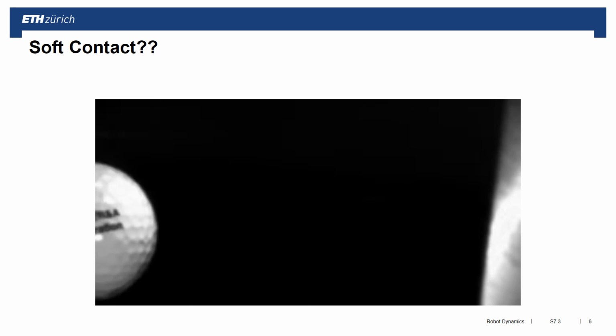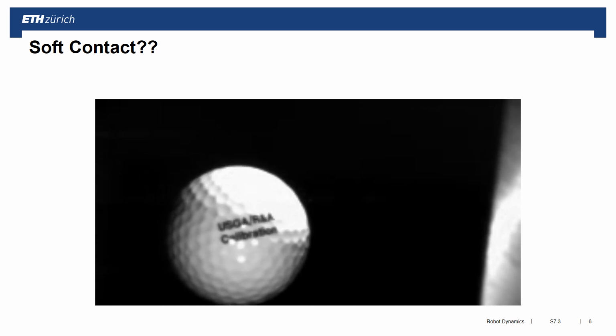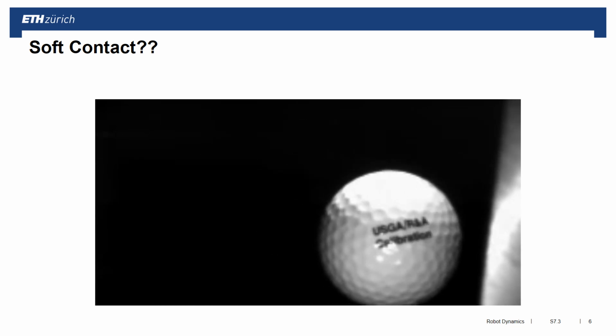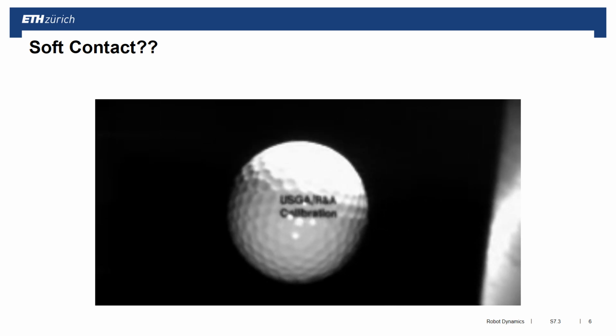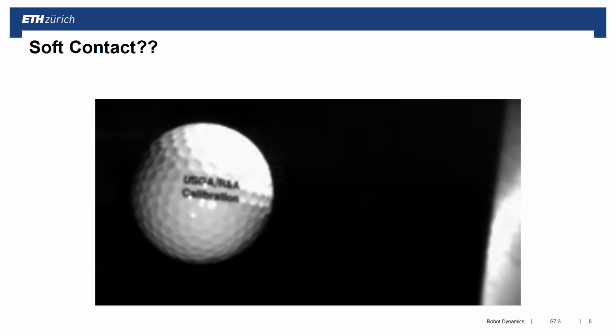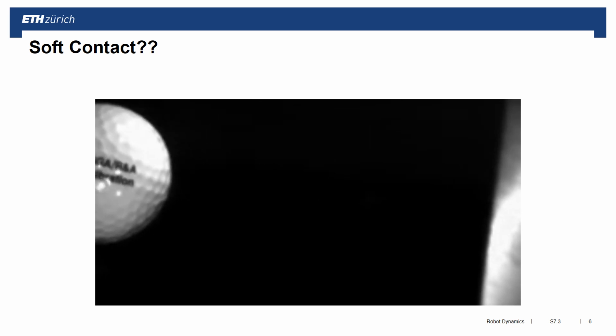As a matter of fact, the softness of the contact is only a function of the discretization that we're looking at. So you see here a golf ball which collides with the environment. If I look at the time discretization, which is rather large, then obviously I have almost perfect hard contact. So the ball hits the ground with a certain velocity, the velocity is reverted, it jumps off.